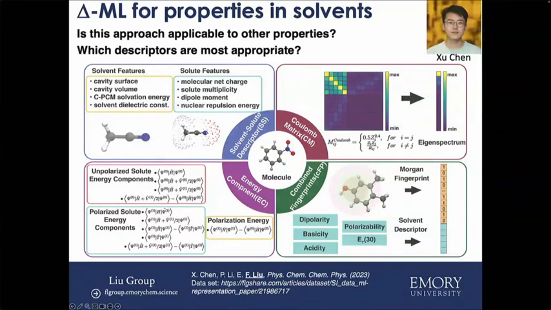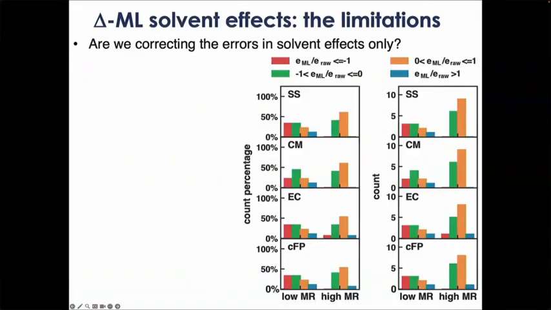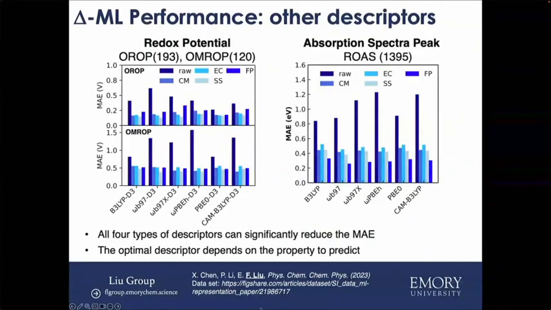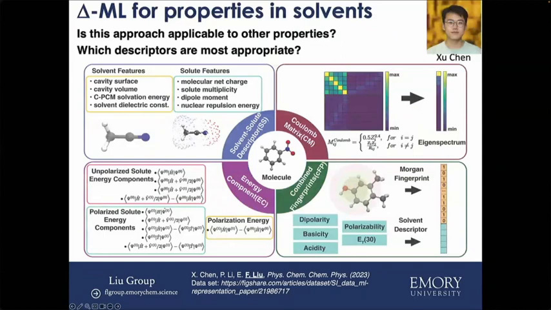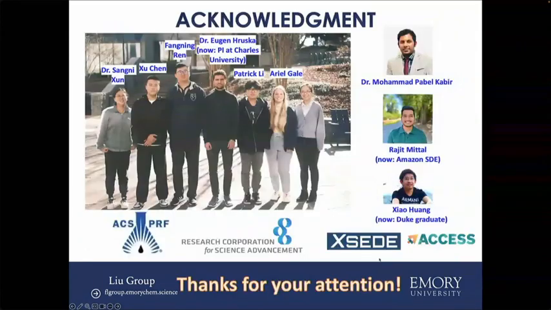And we tested what kind of molecular descriptor is best for this kind of delta machine learning. Unfortunately, we found that the best descriptor highly depends on what kind of molecular property you want to predict, so there is no rule of thumb about which molecular descriptor you should use for different situations. Okay, I think the time is up, so I will directly jump to the end.